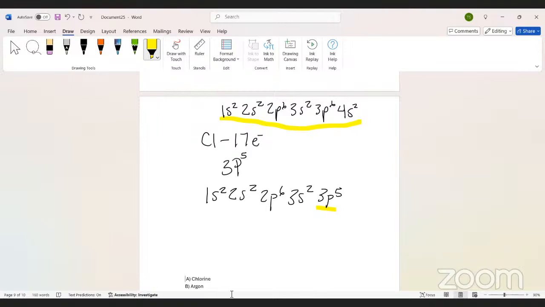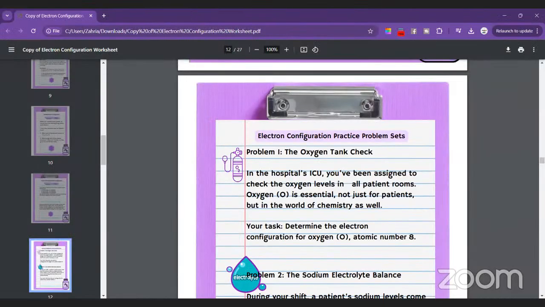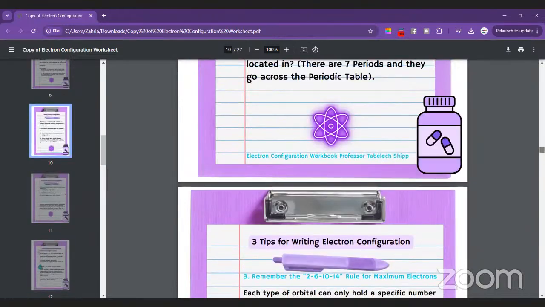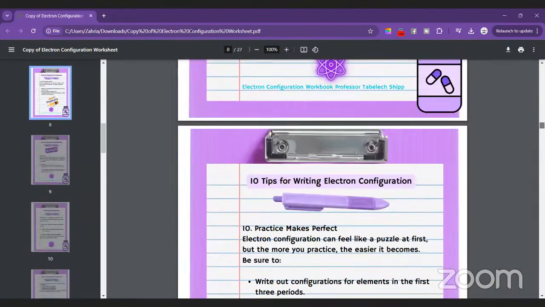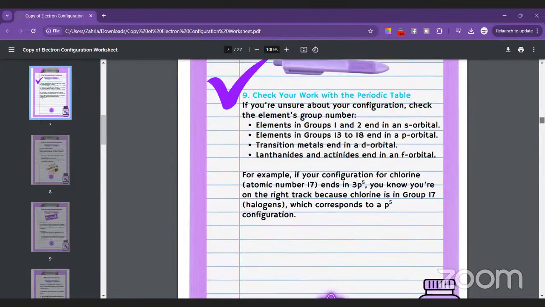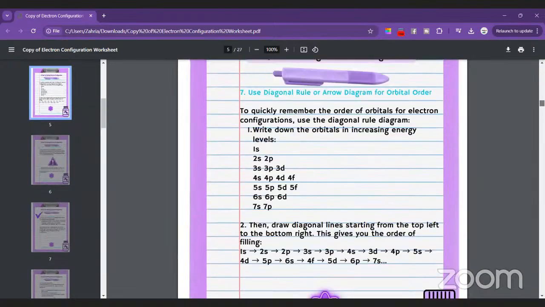So those of you that are doing electronic configuration, let me share this screen also. There we go. When we talk about electronic configuration, there is an order that you have to follow.